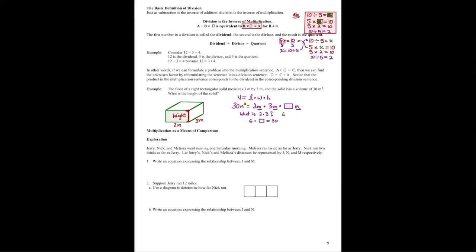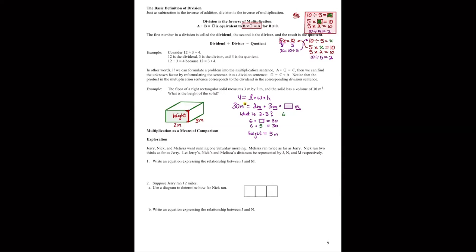And then I'm tricking myself into saying, well, 6 times 5 is equal to 30. So then we would say, as a final answer, the height is equal to 5 meters.